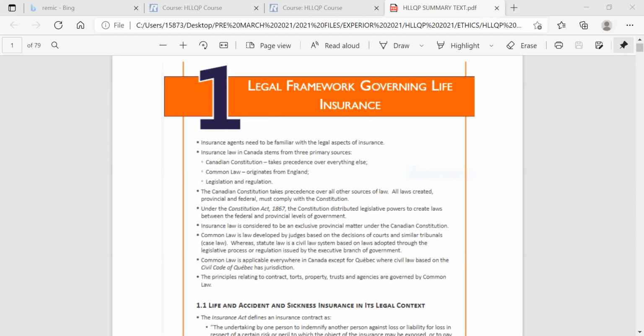So enduring power of attorney doesn't just end even when the person being represented becomes incapable of making decisions.